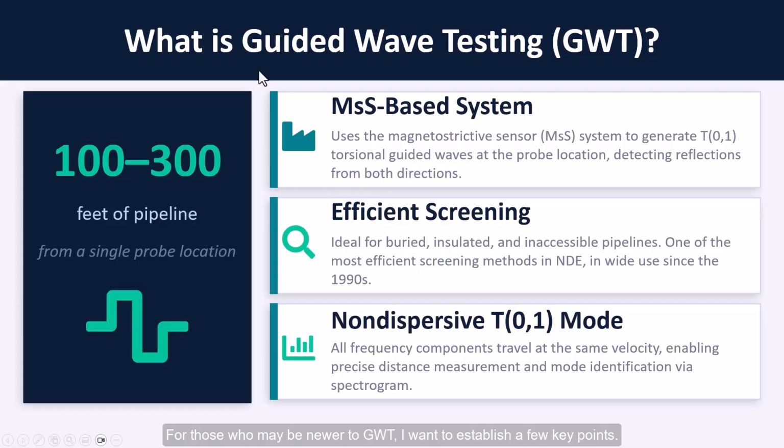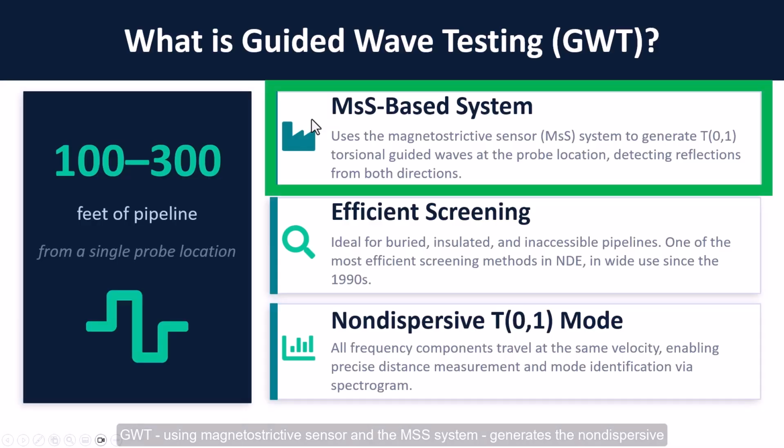For those who may be newer to GWT, I want to establish a few key points. GWT, using magnetostrictive sensors and the MSS system, generates the nondispersive T01 torsional wave mode at the probe location. This wave travels along the pipeline in both directions and reflects from geometric features, welds, and anomalies.